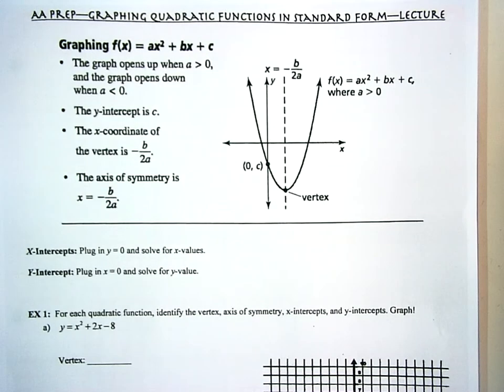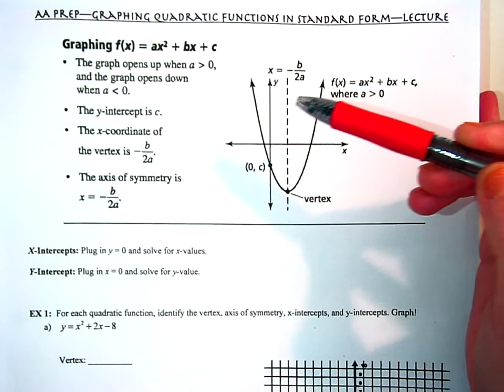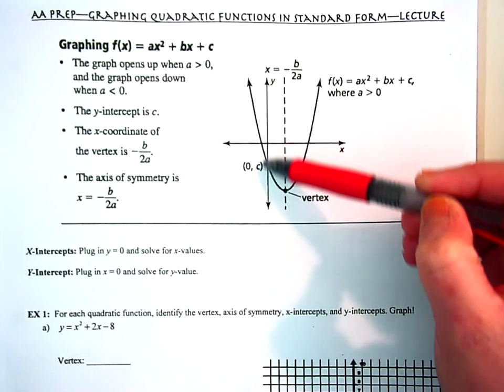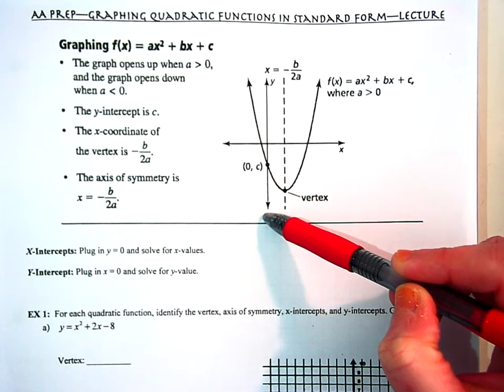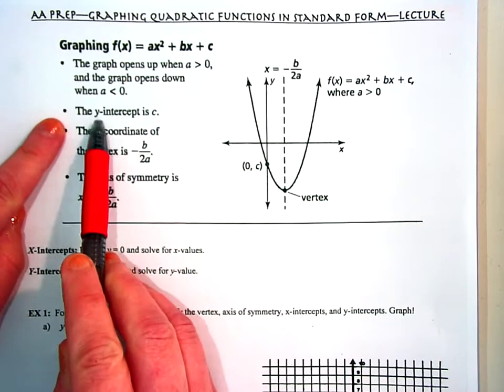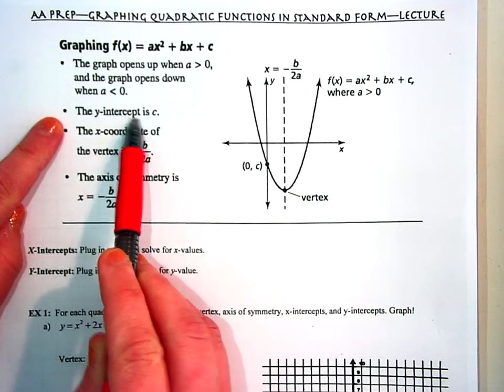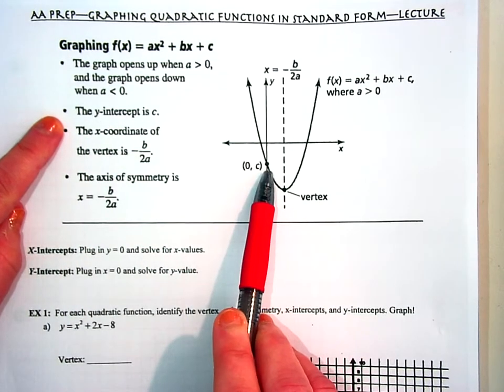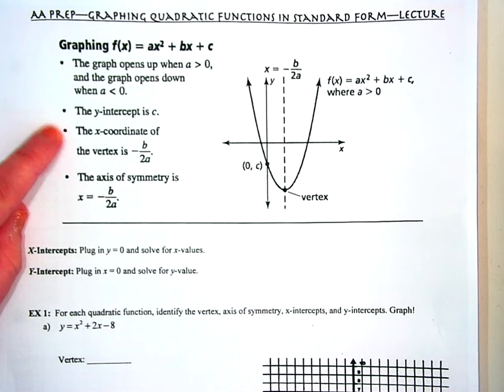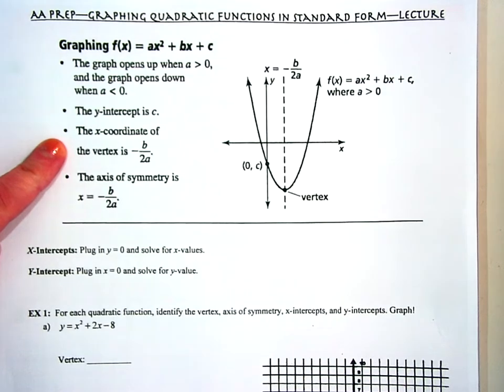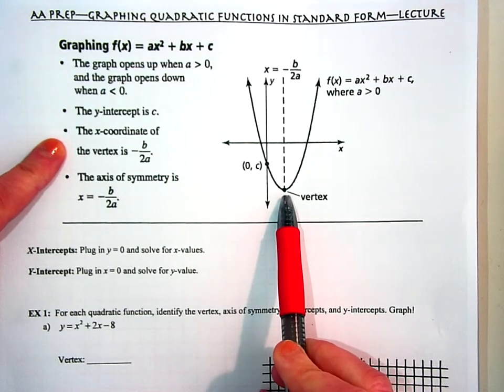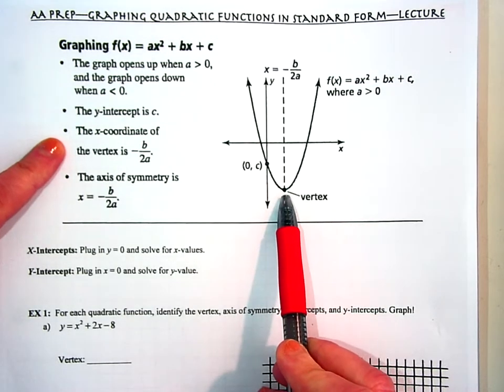Okay, the y-intercept, we're looking at the value for y, right, where it slices through the y-axis. We know that the x value will be 0 when we're looking at the y-intercept. So its location here is at 0, c. The x-coordinate of the vertex, so here's my vertex. Here it's the minimum value of my function.